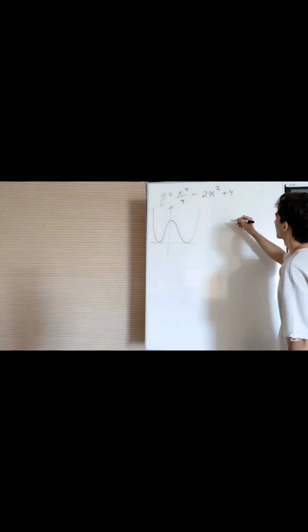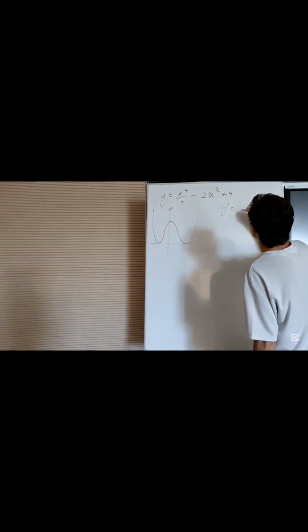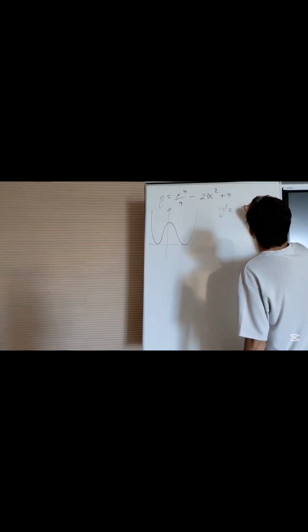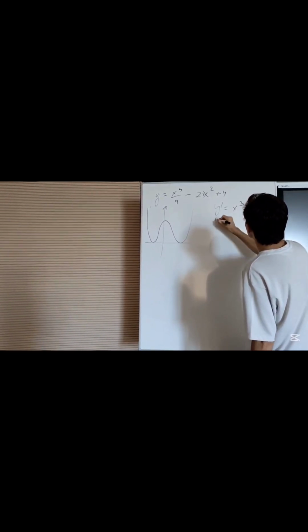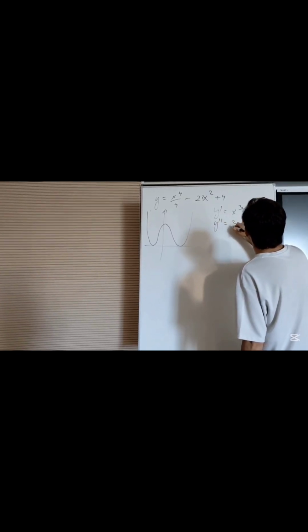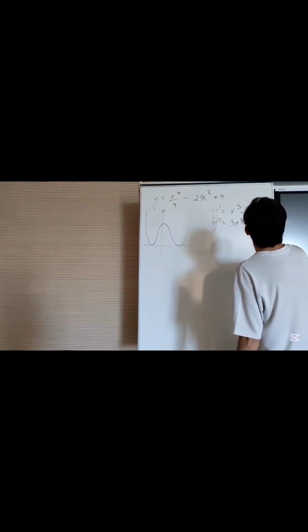So to do so, we need to first find the second derivative of y to find the concavity. The first derivative of y is going to be equal to x cubed minus 4x plus 0, and the second derivative of y is going to be equal to 3x squared minus 4.